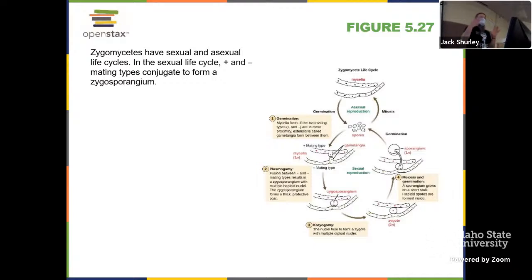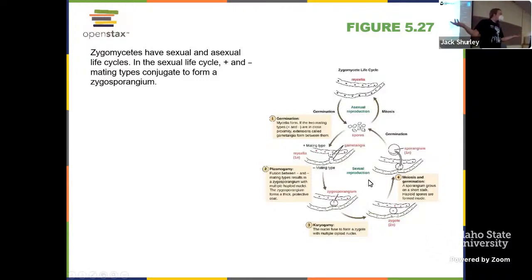We get two nuclei together. We do say diploid at this point, because there's two copies. This zygote that's diploid goes through meiosis. As it germinates, it produces the fruiting bodies that are haploid, which burst open.